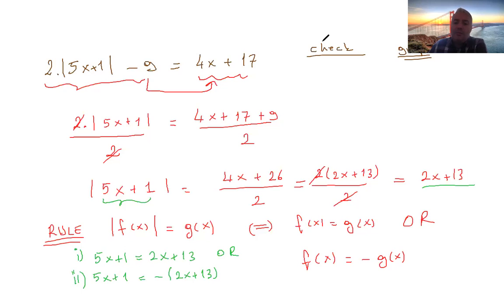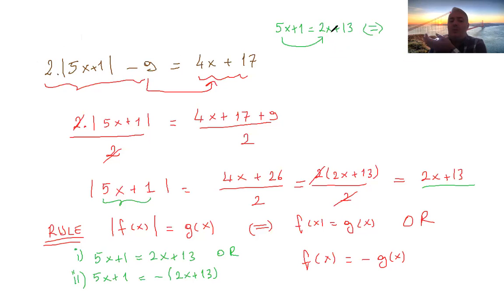How can I solve? I don't have place, so here, let me use it. For the first one, 5x plus 1 equals 2x plus 13. There are two cases. I can take the 5x here, and it will be negative 5x plus 2x, negative 3x.